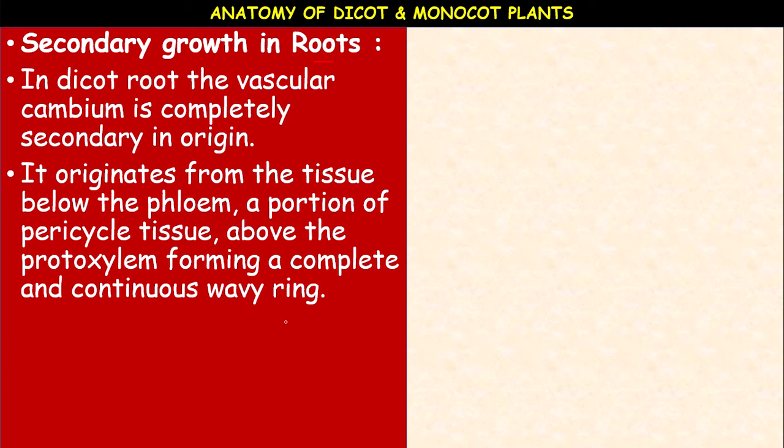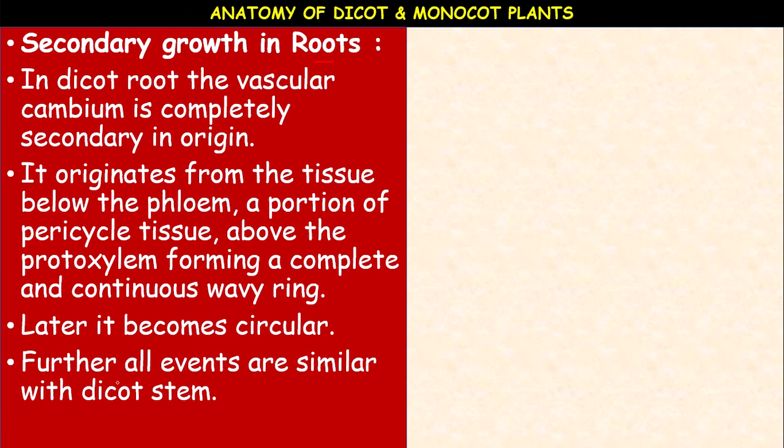Secondary growth is also seen in the dicot roots due to the presence of a cambium. Later on it becomes circular, and further all events are similar to the dicot stem.